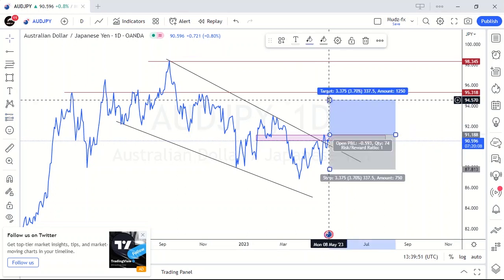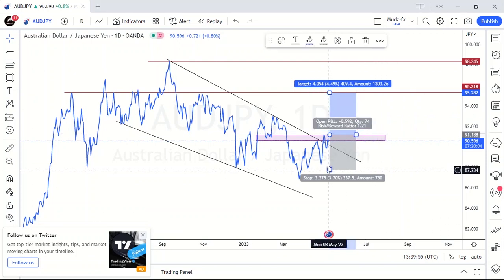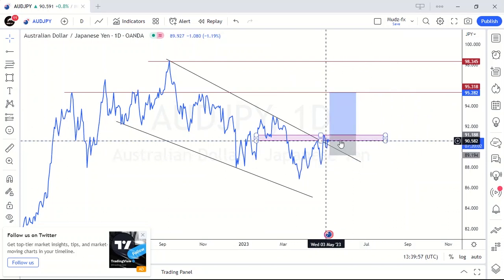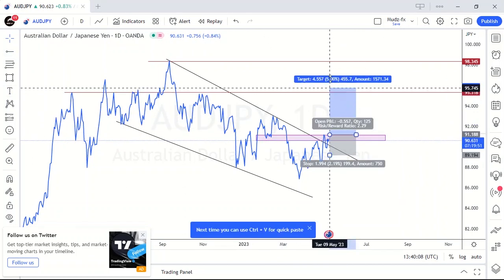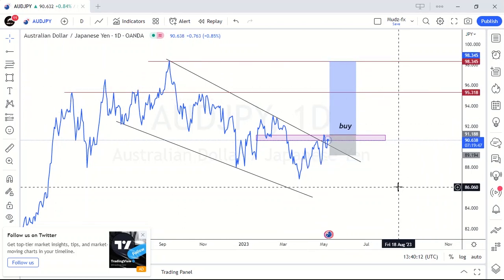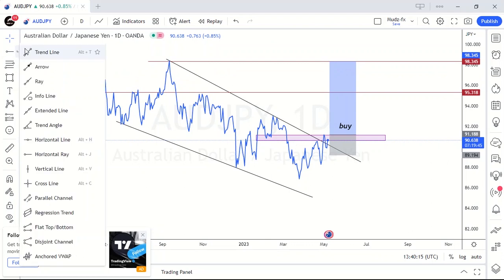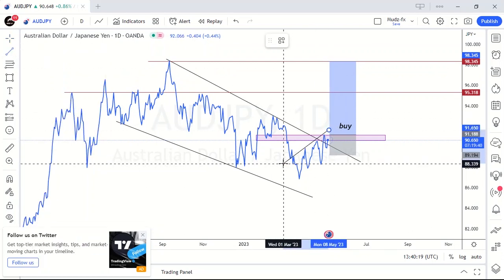If it breaks out and retests, I might buy up to my first resistance key level. That means I'm gonna be holding for a long time, because this is a daily time frame. It might take a week, 2 weeks, or 3 weeks, depending on what happens during that time.